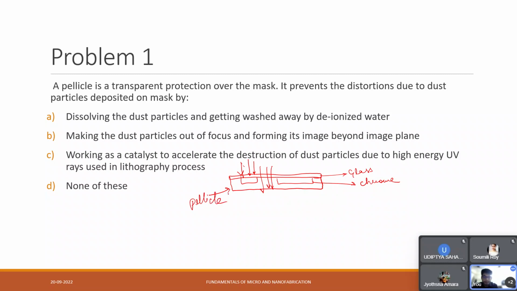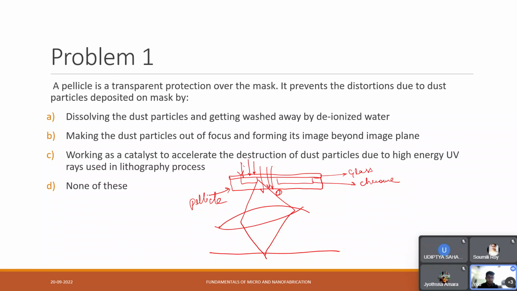Any dust contamination will sit here on the pellicle. We know that for an optical system the focal length is fixed, so it is made in such a way that the patterns are in focus. We use illumination optics, like focusing optics, and we focus from the plane of the mask and not the plane of the pellicle.